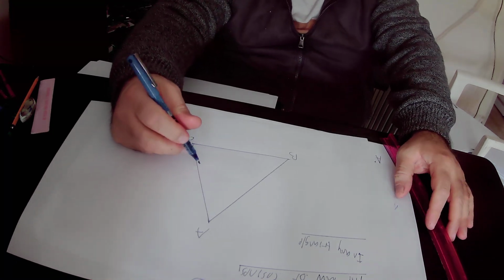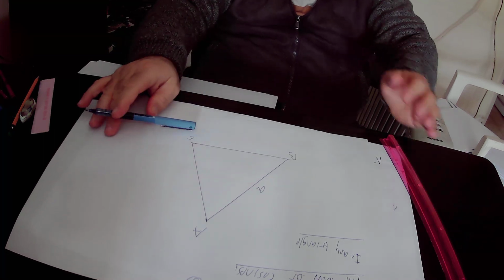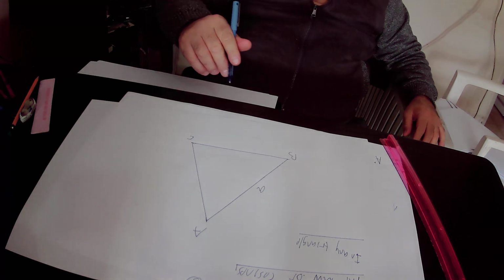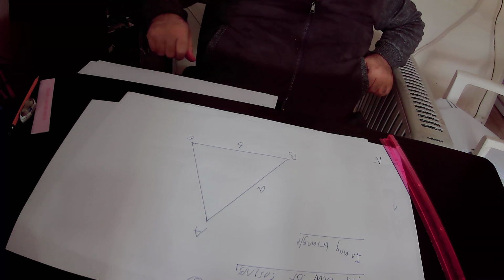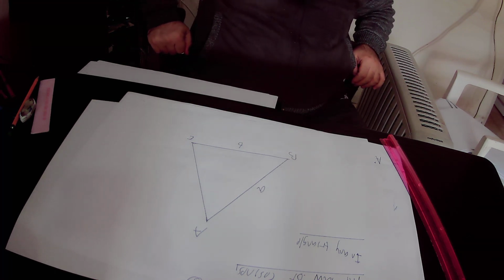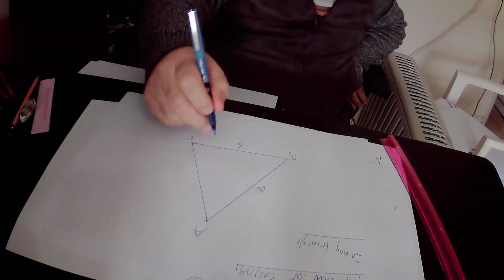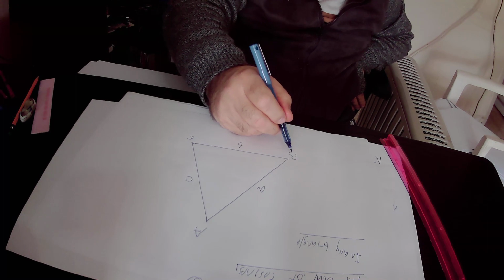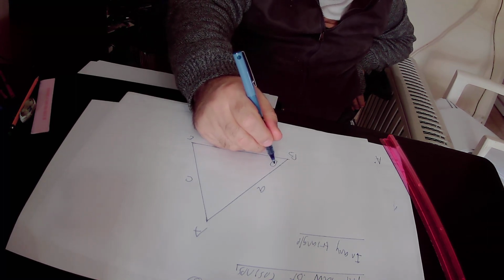if we have triangle ABC, that could be any triangle. And we know that side AB equals A units. Side BC of triangle ABC equals B units in its length. And side AC equals C units in its length. And the angle between side AB and side BC is angle theta.